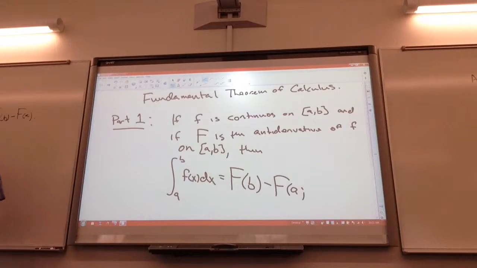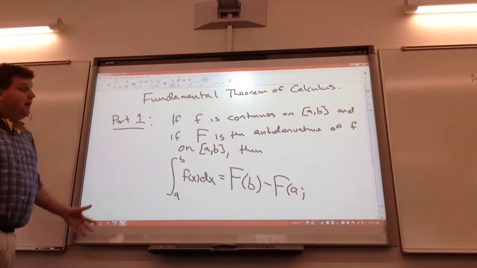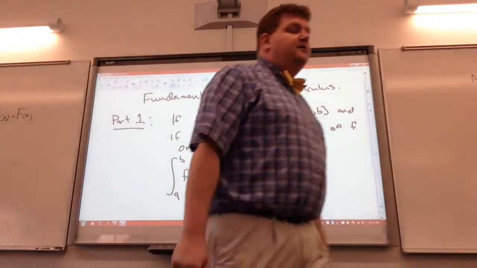This should not be a surprise to anybody in this room at this point. All I've done here is tell you what the definite integral is. And that's basically what part one of the first fundamental theorem of calculus does.